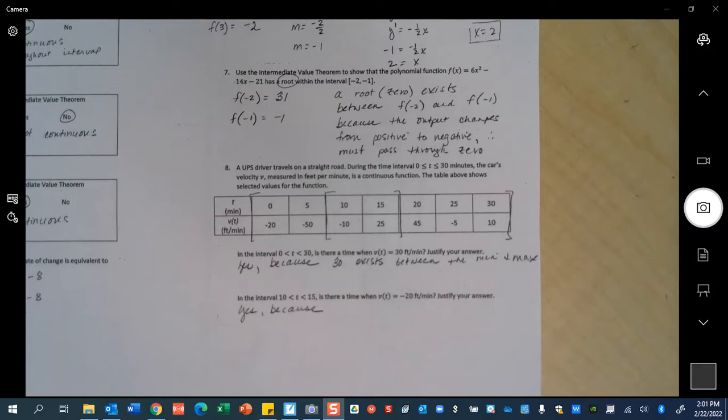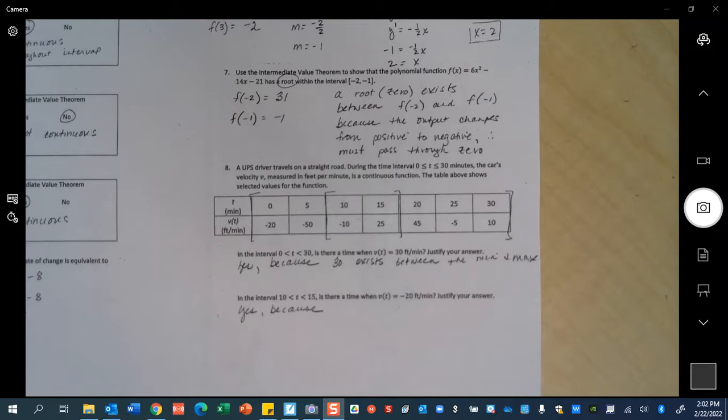It's not asking me to find the 0. I can if they want me to, but they didn't ask me that. Are you with me, fellas? They didn't ask me to find the 0. They just said, is there one? And the intermediate value theorem says, yes, there absolutely is one. Okay? Any other things I can answer for you?